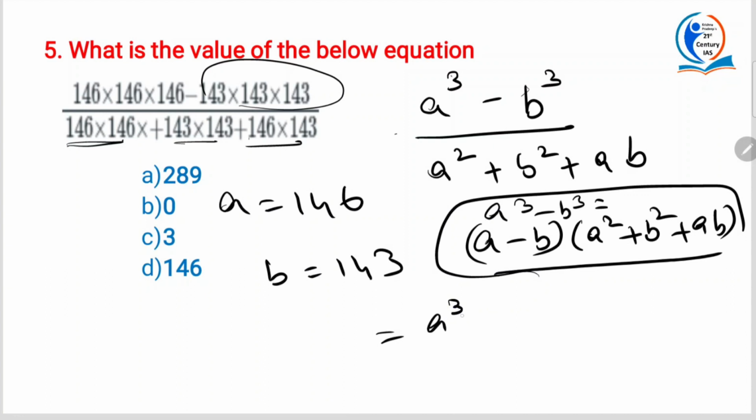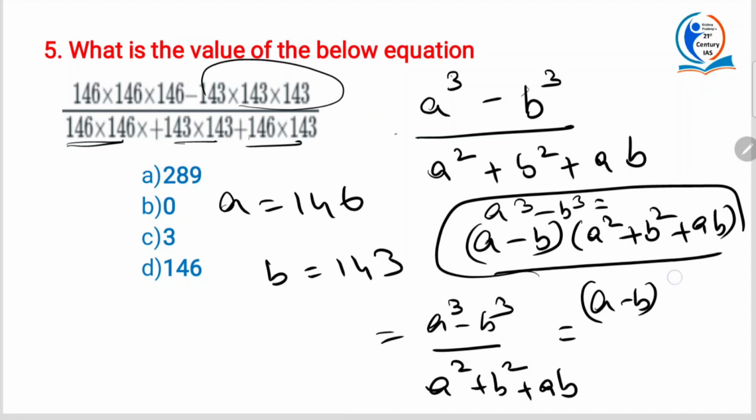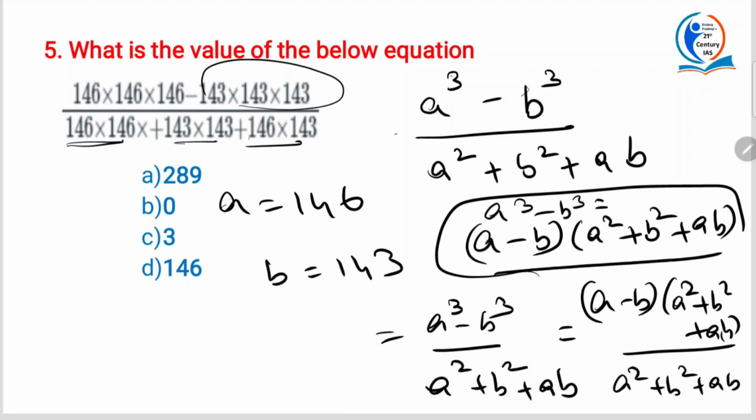A cube minus b cube by a square plus b square plus ab can be written as (a minus b) into (a square plus b square plus ab) by (a square plus b square plus ab). Alright. So this and this will get cancelled. What will remain? Only a minus b will remain. So it is 146 minus 143. What is the answer? It is C, 3.